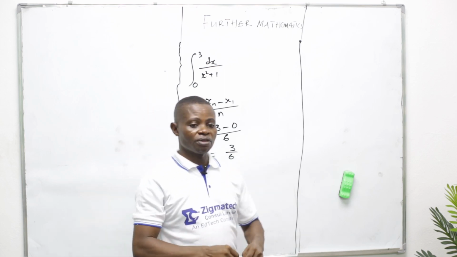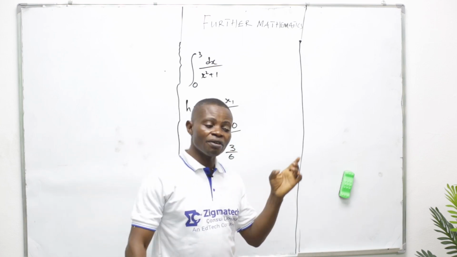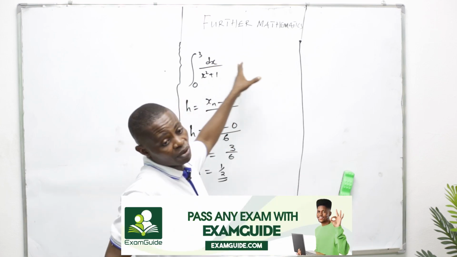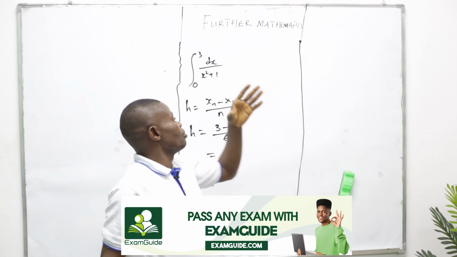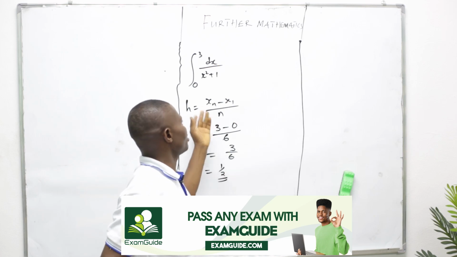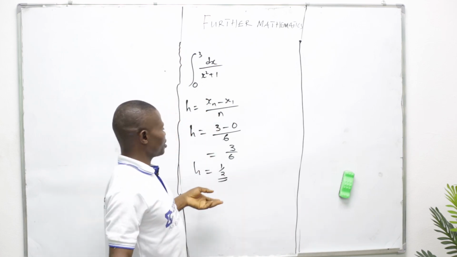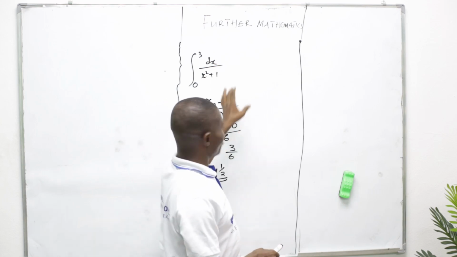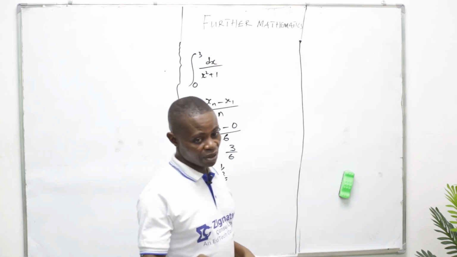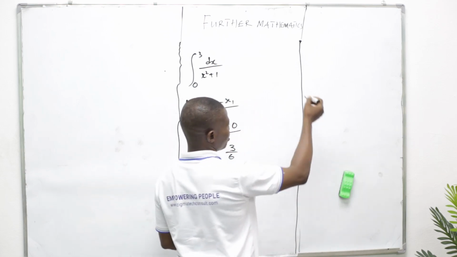Unlike the first one we solved, our h was 1. The reason we had 5 ordinates and our range was 5 and 1. Lowercase was 1, uppercase was 5. But in this case, it's not like that. We are supposed to be given ordinates to solve, where they say 7 ordinates.